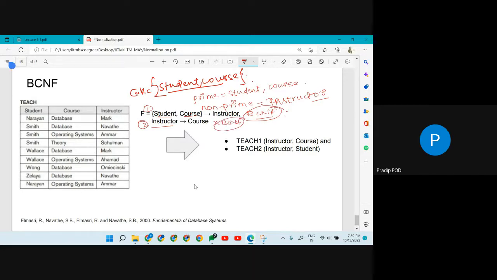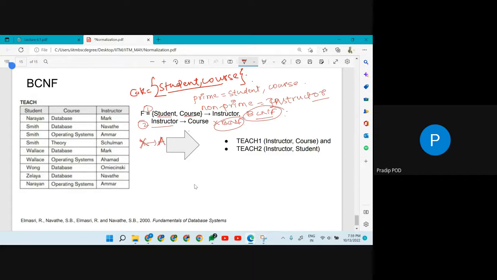So now you have to make the decomposition to make it BCNF. So what is the rule? Suppose this X to A violates the condition of the BCNF, right?